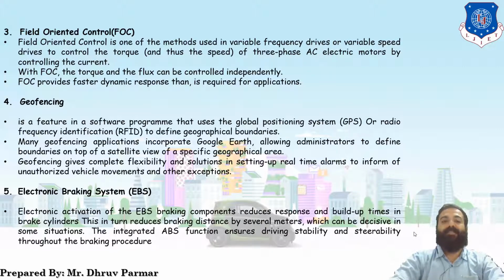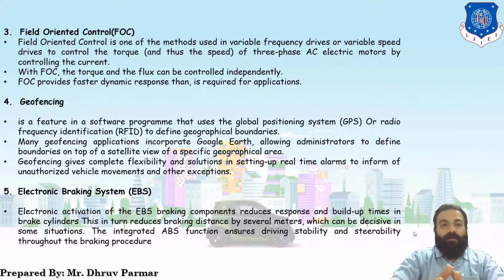Then the fourth one, geofencing. Clear? It is a feature in software that uses GPS or RFID to define boundaries. It indicates the boundaries near your vehicle. There are many applications of geofencing which incorporate Google Earth to define the boundaries near us by satellite view.